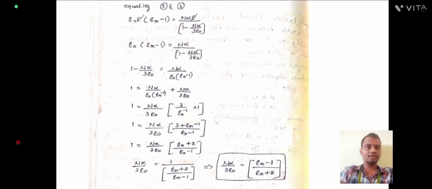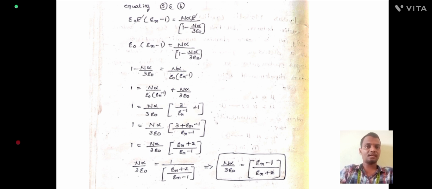We are equating the 5th and 6th equations. Epsilon naught E times epsilon r minus 1 is equal to N alpha E by 1 minus N alpha by 3 epsilon naught. Here epsilon r minus 1 is equal to N alpha by epsilon naught times 1 minus N alpha by 3 epsilon naught.